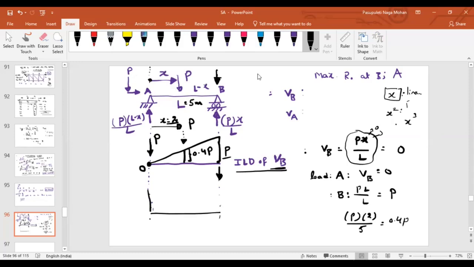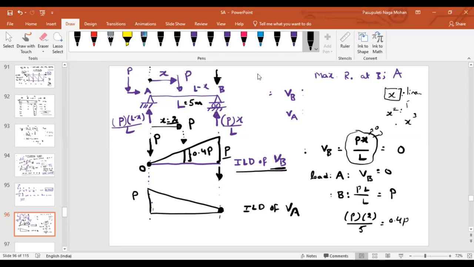Imagine, can somebody please tell me what this value is? Let us say this is the ILD of VA. Can somebody please explain what this point indicates? I just want to hear it from you.